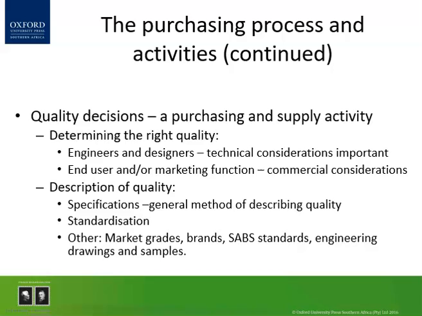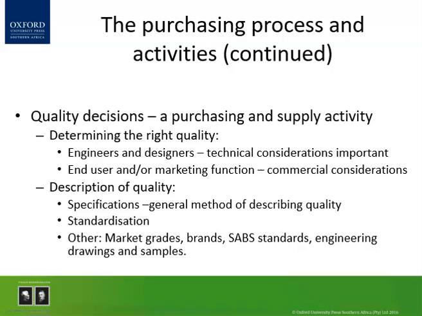Description of quality: how can quality be described? It can be described from an operations perspective, where we look at specifications. Specifications are generally the method of describing quality, where you look at certain specifications that you can set for yourself or that individual functions in the organization can set.